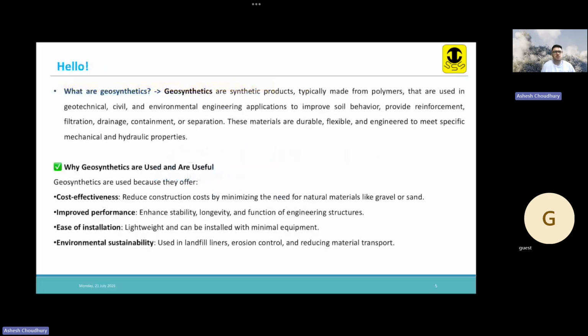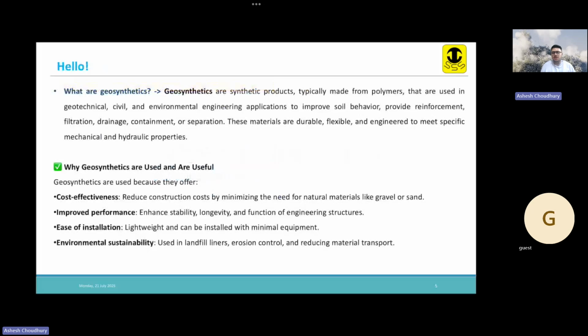Geo means earth, and synthetics means something which is man-made. So geosynthetics are synthetic products typically made from polymers that are used in geotechnical, civil, and environmental engineering applications to improve soil behavior, and to provide reinforcement, filtration, drainage, containment, and separation. These are some of the functions of geosynthetics.